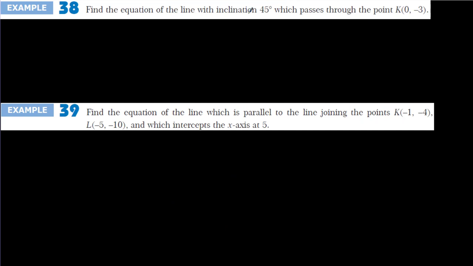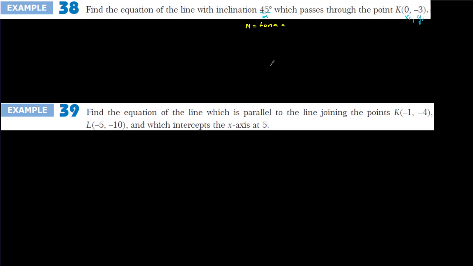Find the equation of the line with the inclination 45 degrees. So m is equal to tangent alpha, where alpha is equal to 45 degrees, and the other thing is the point it passes through, which means x1 and y1.